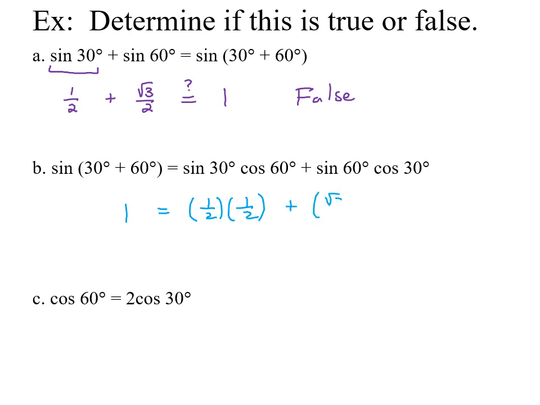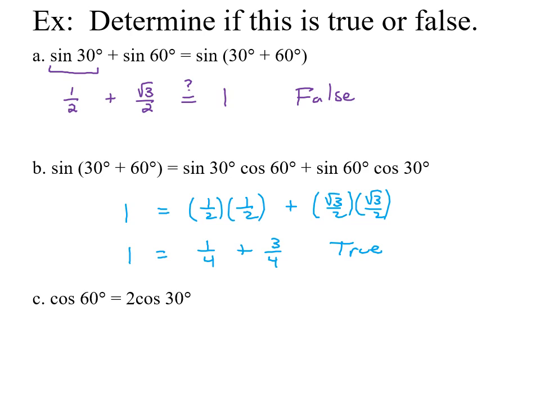Sine of 60 is root 3 over 2, as is cosine 30. So this is saying, is 1/4 plus 3 over 4 equal to 1? That is true. So this is definitely more complicated looking than part A, but it is actually true. And again, you could type it in the calculator to make sure it is true or false.